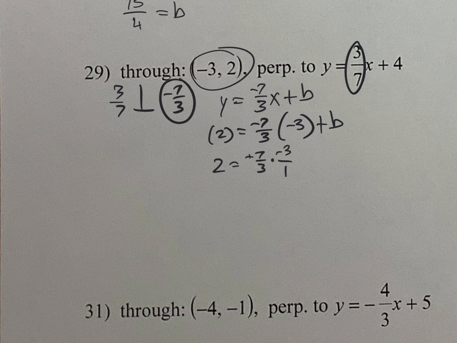Again, negative times a negative is a positive. We can reduce diagonally in multiplication only. So this time I'm actually going to do that. So we get 2 equals 7 plus b. Subtract 7, and we get -5 equals b. So y equals -7/3 x minus 5.